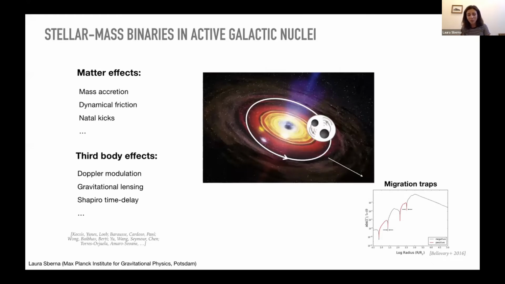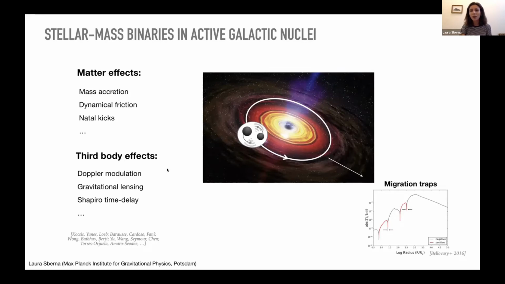So going back to our stellar mass binaries in AGN disks, these are an ideal source to look for environmental effects because the disk in the AGN is providing you with matter effects, so with accretion onto the binary or dynamical friction. And the presence of the supermassive black hole at the center is giving you third body effects, so for example, the Doppler modulation caused by the orbit around the supermassive black hole.